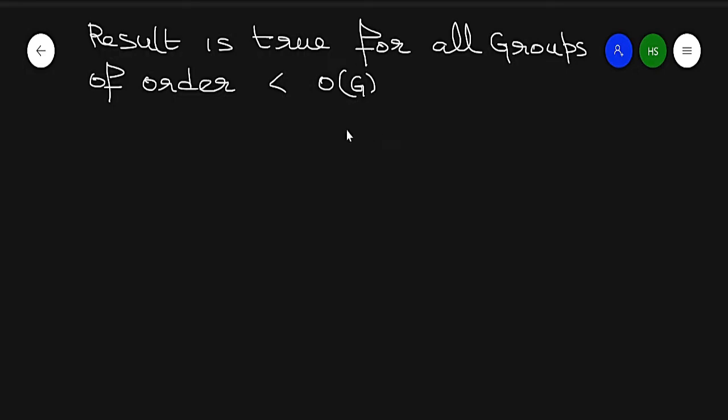So first we prove it for n equal to 1, then for all groups of order less than the order of G.